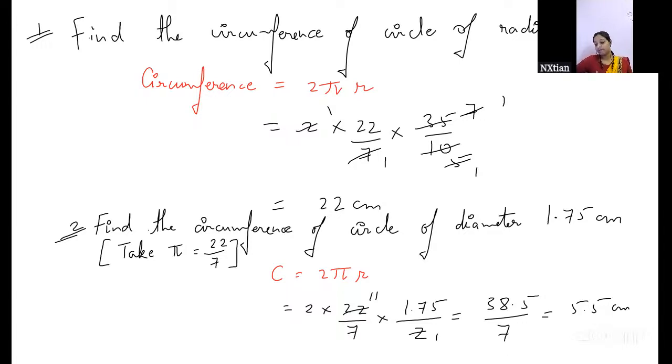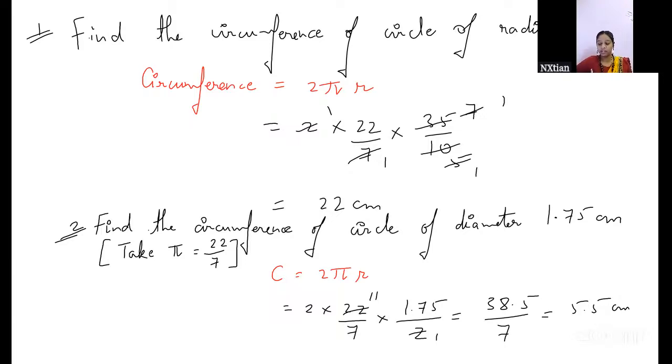What I did, I took 1.75 as my diameter. And my formula is 2 pi r. What is r? Diameter by 2. That is the formula for radius, diameter by 2. That thing only I put.